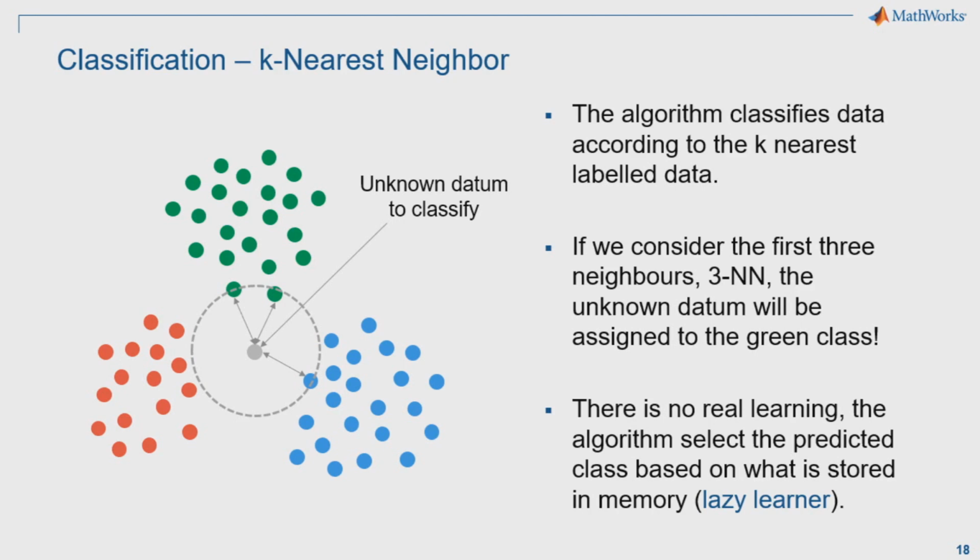This kind of approach is called lazy learning, or instance-based learning, because here you just have data stored in memory, and you just look at the closest distance from an unknown datum to the ones already labeled that you have.